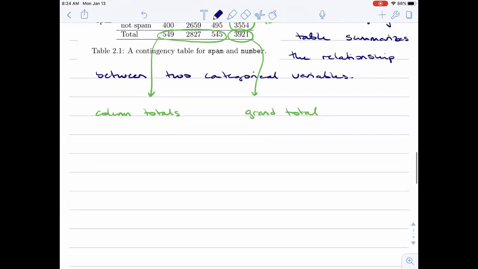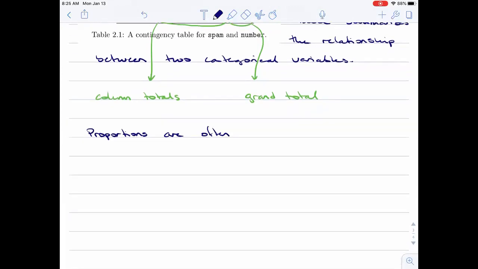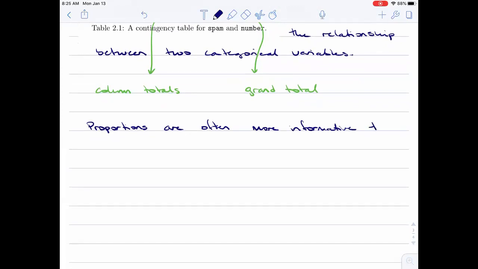And so proportions are often more informative than raw counts.